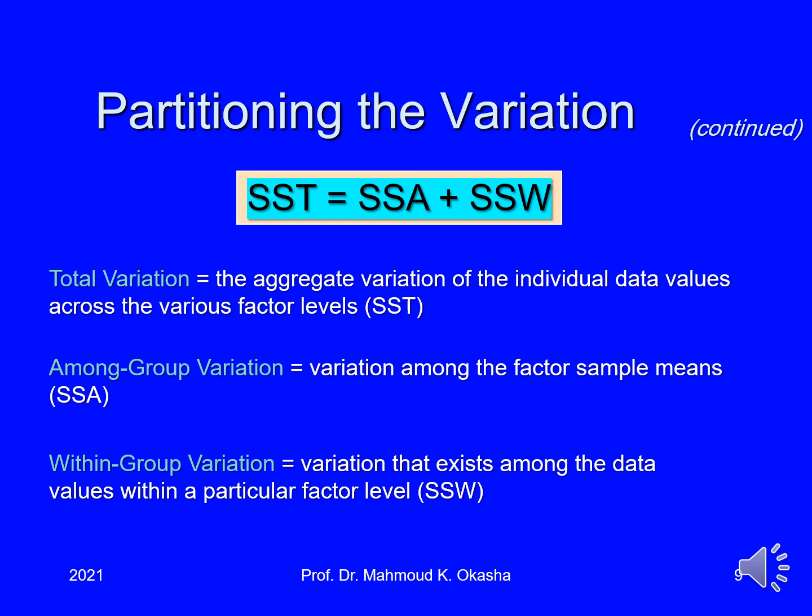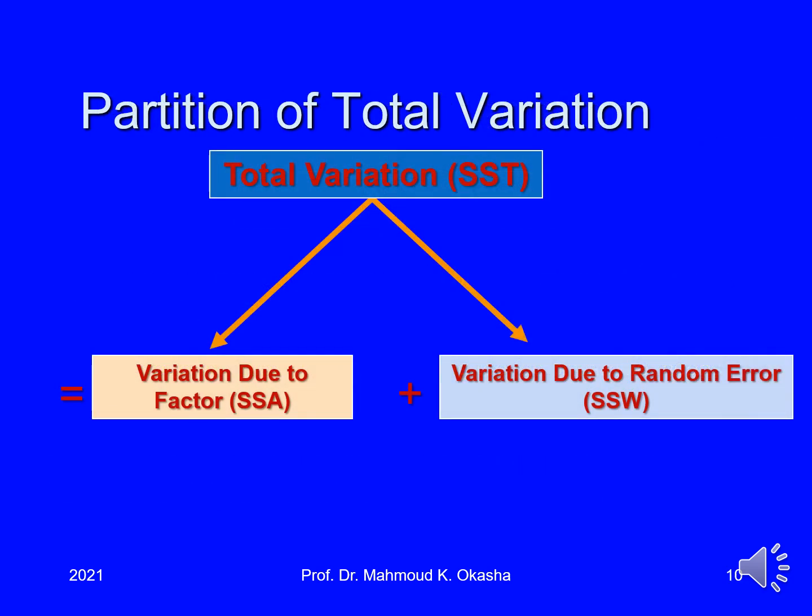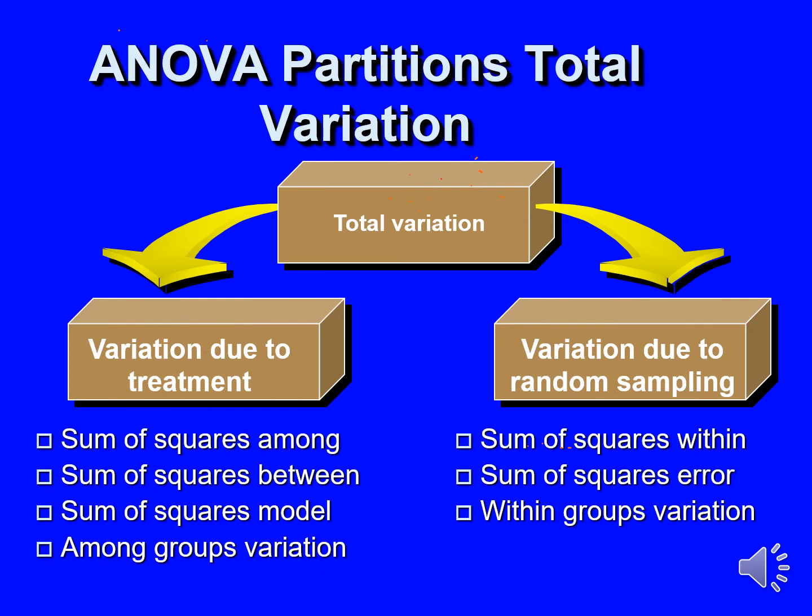We will see how we calculate all of these sums of squares, or variation. So we have total variation, which is the variation due to the factor plus the variation due to within groups, which again is the variation due to the treatment and the variation due to random sampling.